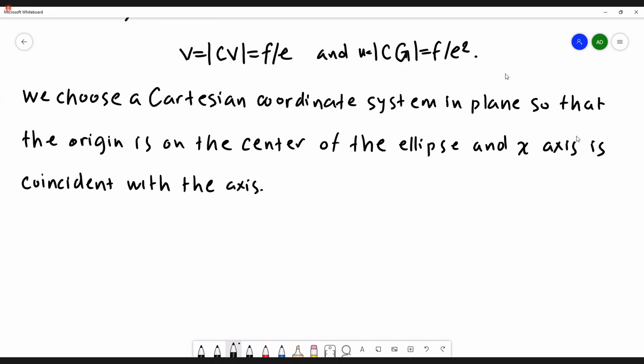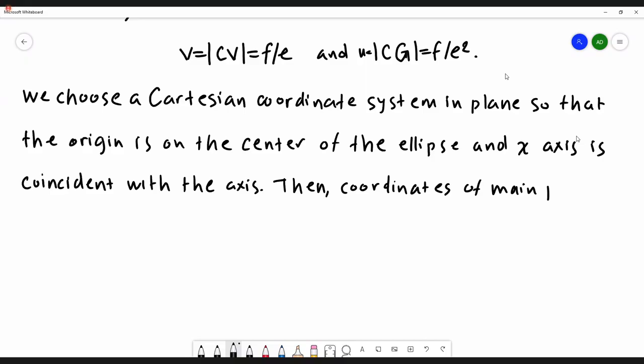Since we have chosen the origin and the x-axis, the y-axis is defined implicitly to be the line perpendicular to the axis passing through the origin.